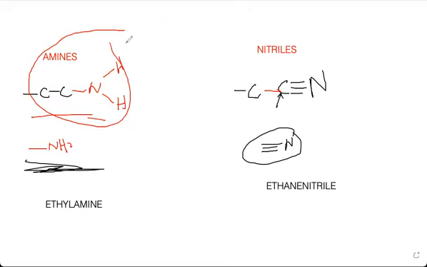So the functional group can change the properties of the chain, especially chemical properties. Carboxylic acids have different chemical properties, amines have different chemical properties, arenes have different chemical properties. These are the functional groups which you should remember here.